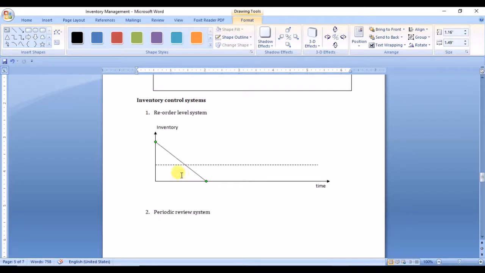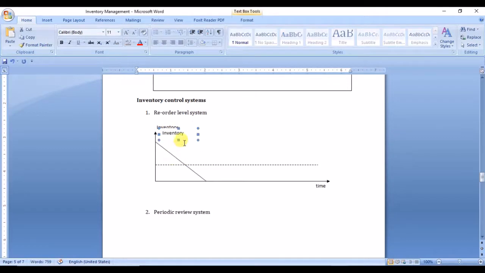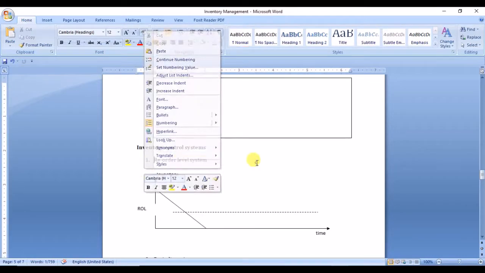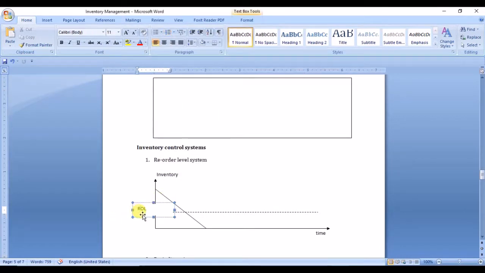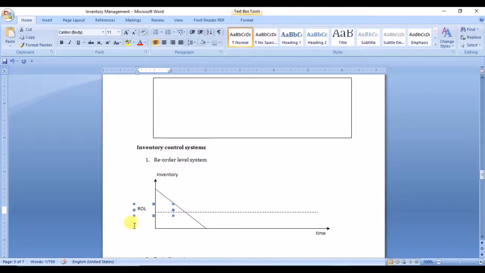Why are you placing the order like that? Because this dotted line is considered to be a reorder level. Let me name that reorder level. This is the reorder level. So when is the first order going to be placed?